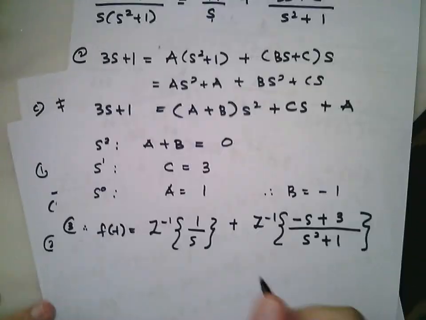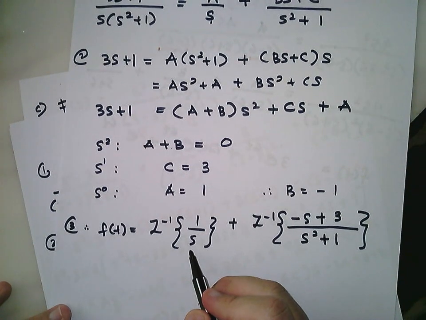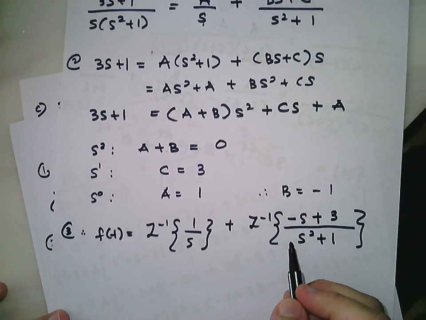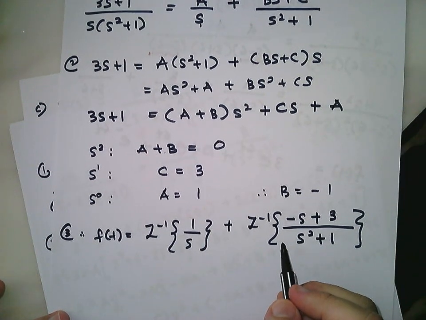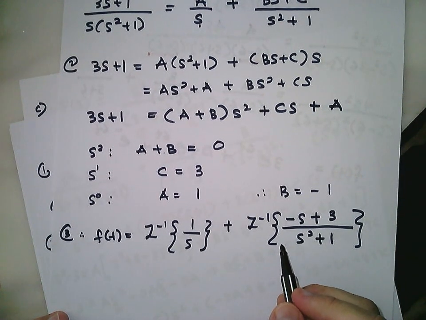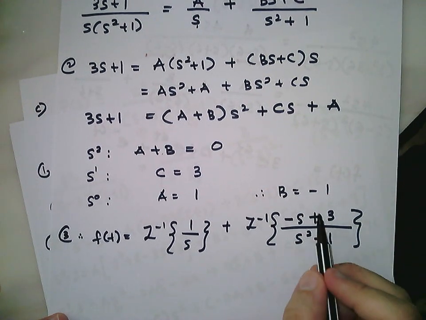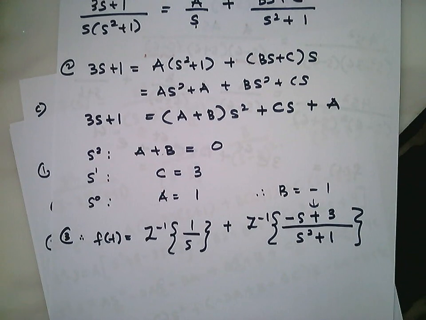For this one you can get directly from the table, but not this one, so you need to apply properties. The first property that you can use is the linearity property, because you have a plus sign here, so you can split the function into 2.